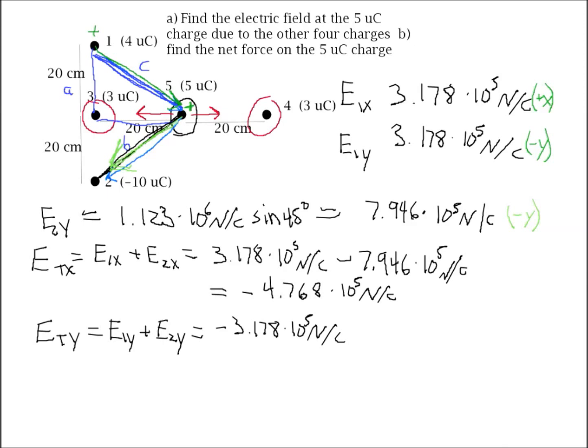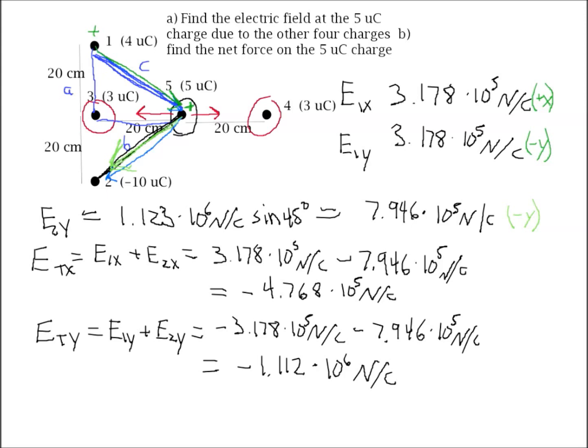E2y is a negative 7.946 times 10 to the 5th newtons per coulomb. So the total y component is negative 1.112 times 10 to the 6th newtons per coulomb, or 1.112 times 10 to the 6th newtons per coulomb in the negative y direction.